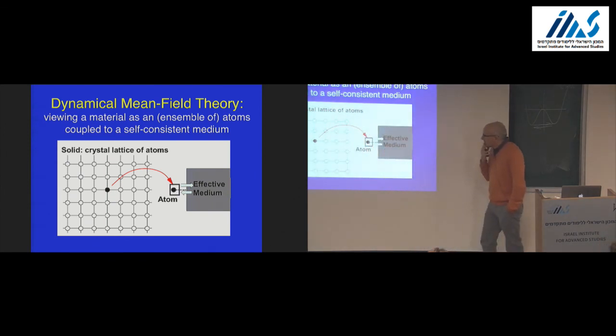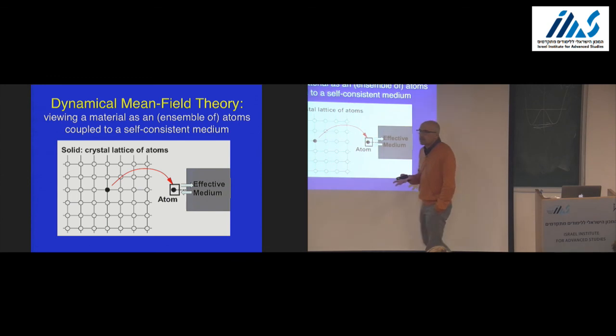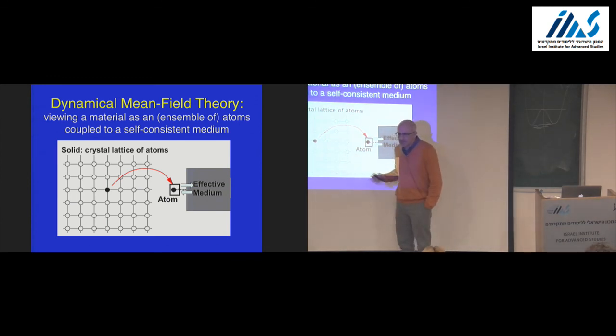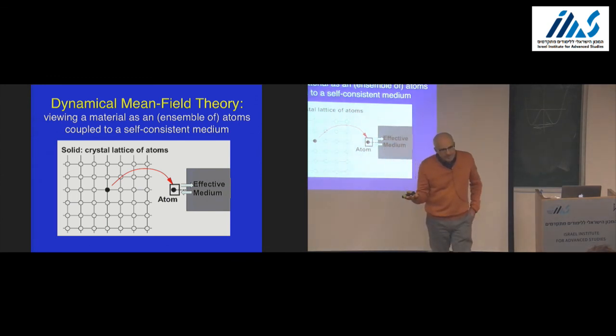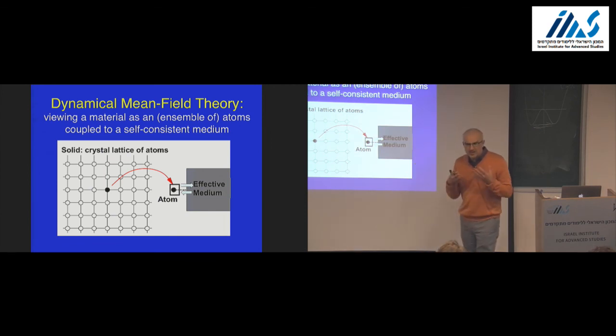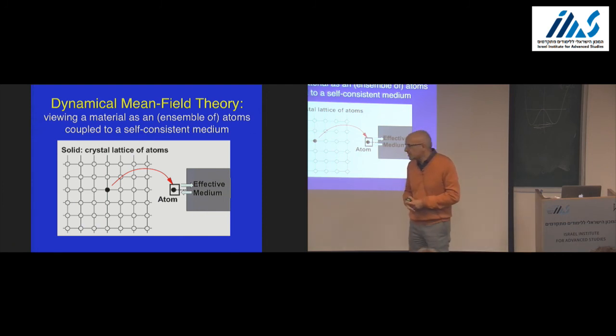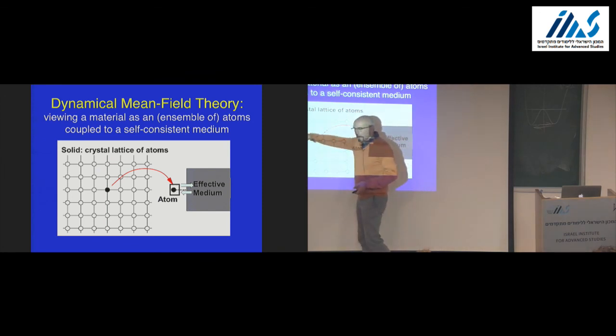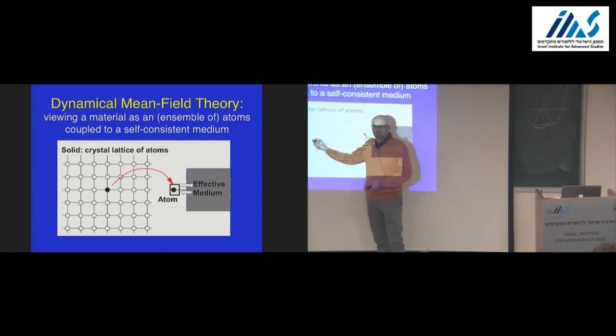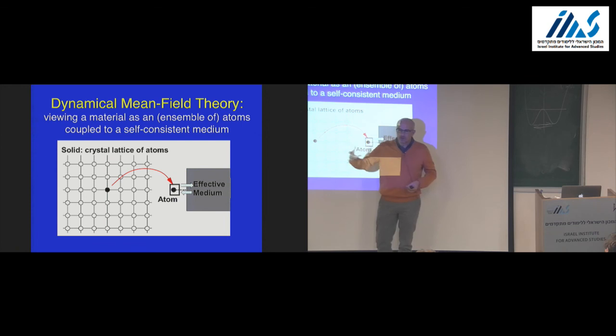Okay? And so what do we do in statistical mechanics when we have such a lattice problem? First thing we do, before we do more sophisticated things, we solve this problem by mean field theory. Mean field theory means we're going to replace this lattice problem by one such entity coupled to an environment.